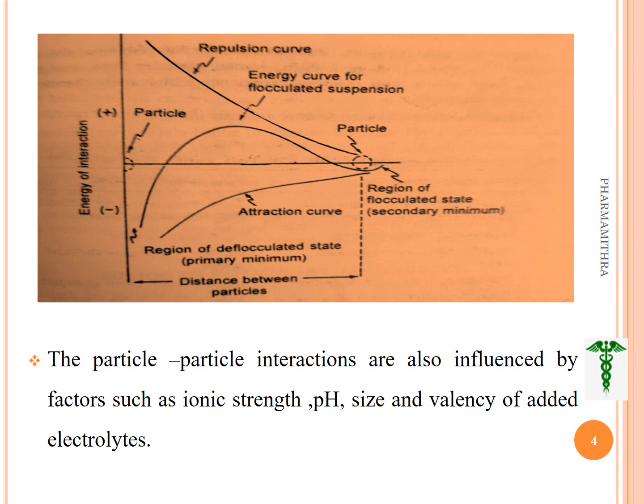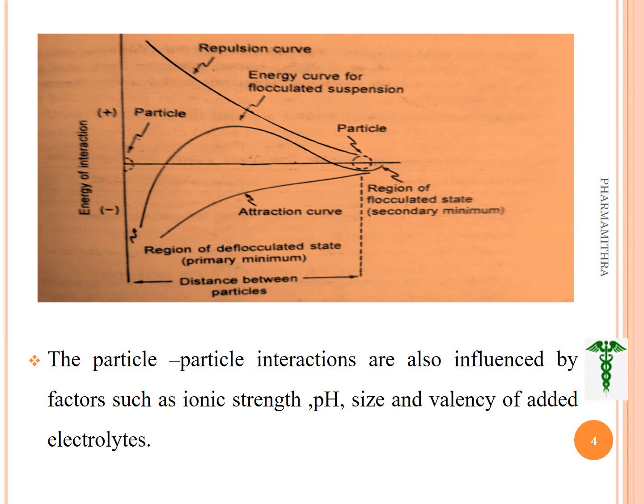Here, in the potential energy plot, on the y-axis we plot the energy of interaction, and on the x-axis the distance between the particles. As we know, the particle-particle interaction is influenced by many factors like ionic strength, pH, size, and valency of the added electrolyte. The energy of interaction can be seen on the positive as well as the negative side. If we keep a particle like this, it can undergo two types of curve, either a repulsion curve or an attraction curve.